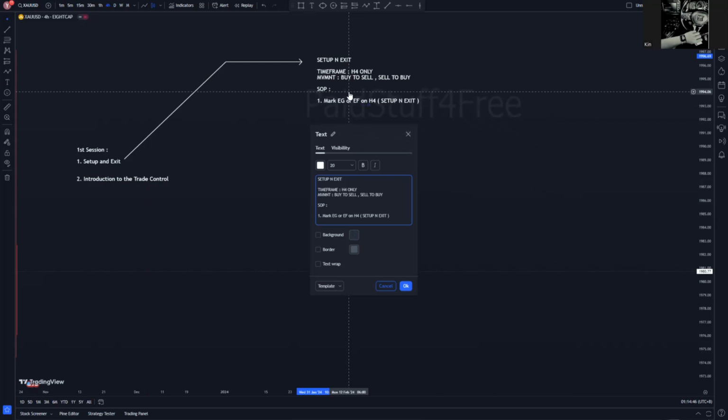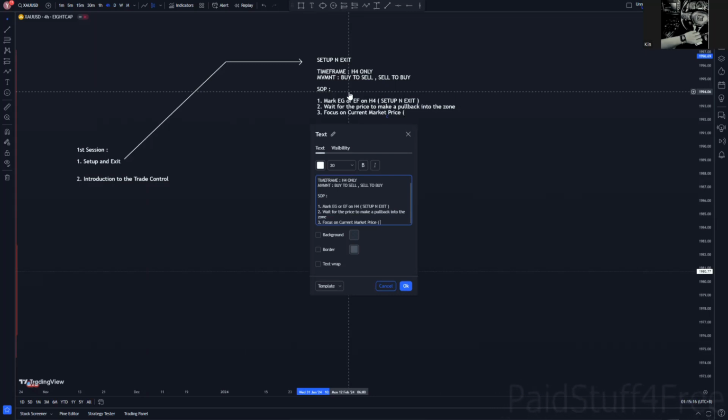The second one is we need to wait for the price to make a pullback into the zone. Which zone are we talking about? The zone that we've already marked on the H4 just now. And after the price makes a pullback into the zone, the third one is we need to focus on the current market price.